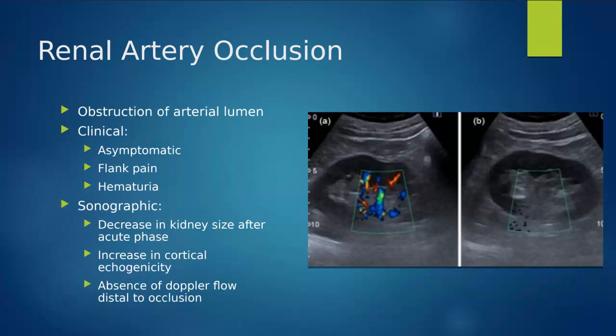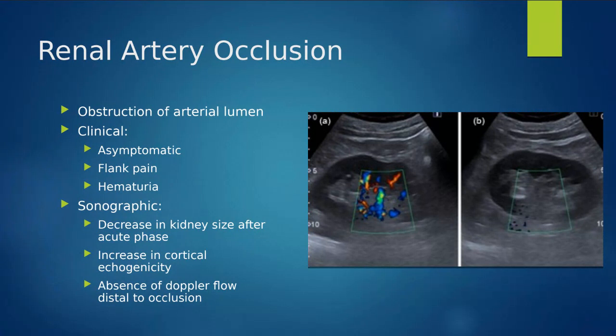Same thing here, renal artery occlusion. Now we don't have a narrowing of that renal artery, but the total blockage of that renal artery. So this is really going to result in tissue death of that kidney. On ultrasound, we're going to see a decrease in that kidney size after the initial phase, and in that initial phase, we are going to see it really large. So think about a torsed testicle. We cut off that blood supply, it's occluded, there's no blood supply getting to that testicle. At first, it gets really, really big.